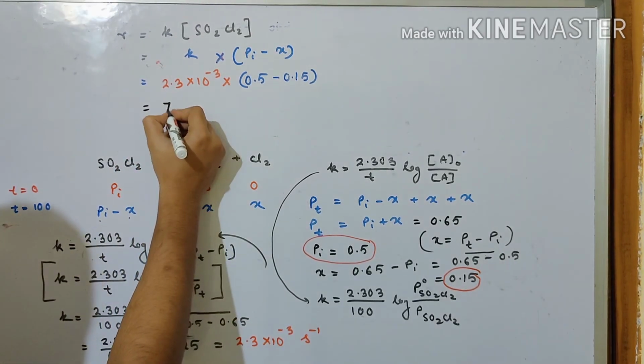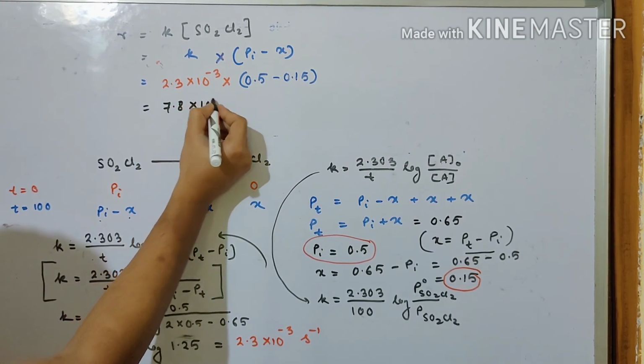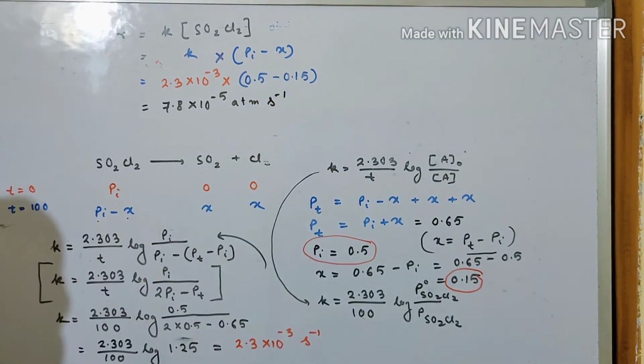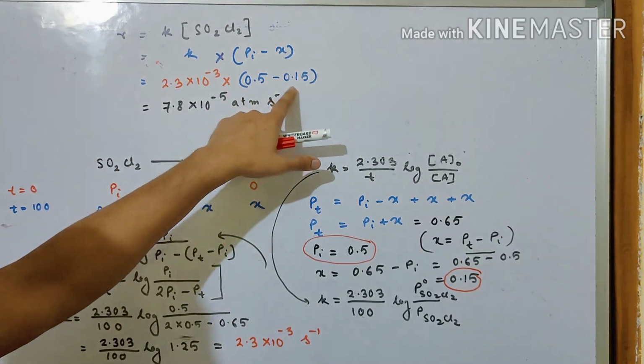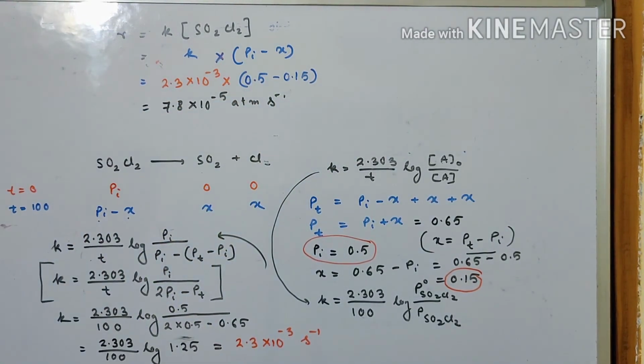So we are getting 7.8 into 10 to the power minus 5 atm second inverse. ATM because the pressure will be in ATM and K value will be in second inverse. So this is the answer.